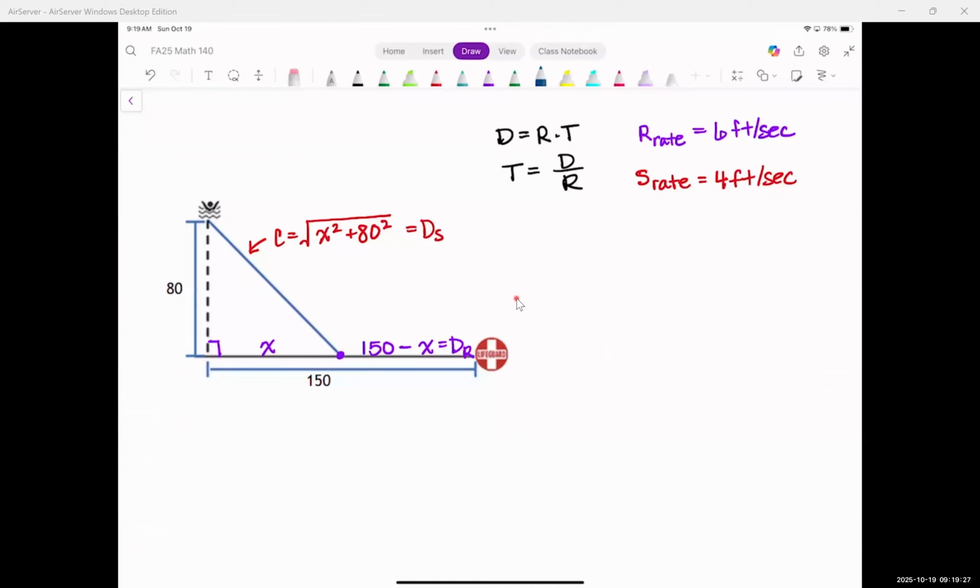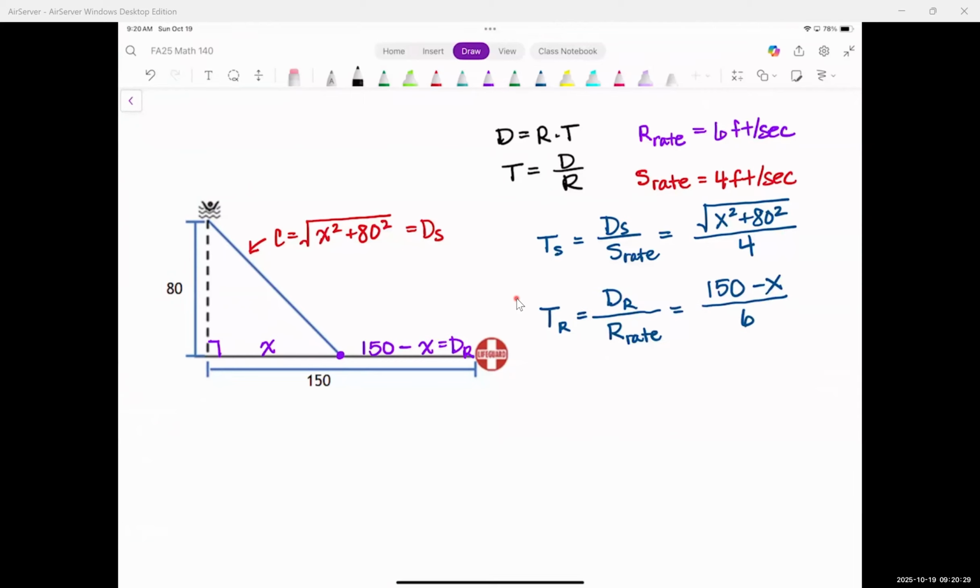So with that, we can piece together the time that it's going to take Martin to swim: the distance that he's going to swim divided by the swim rate. And the time it's going to take Martin to run will be the distance that he's going to run divided by his run rate. So we have everything now that we need to write our objective function.